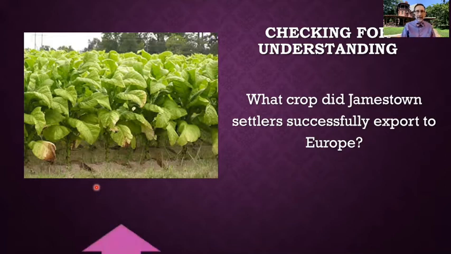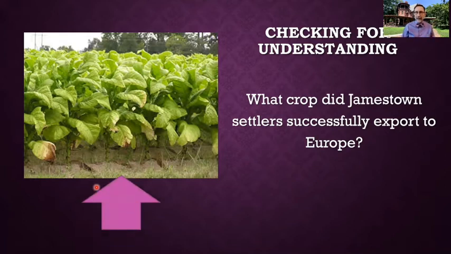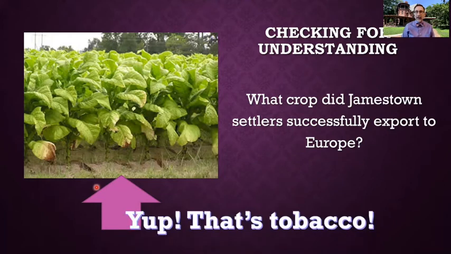This right here, this is the product. What is that product? It's going to be something new. Yeah, that's tobacco. And he got the tobacco seeds from the Native Americans in the area and started growing it and sent that back. There was no tobacco in Europe before this started happening.